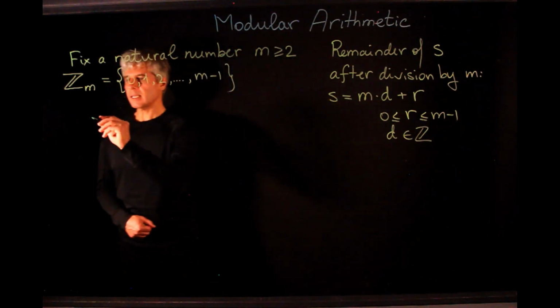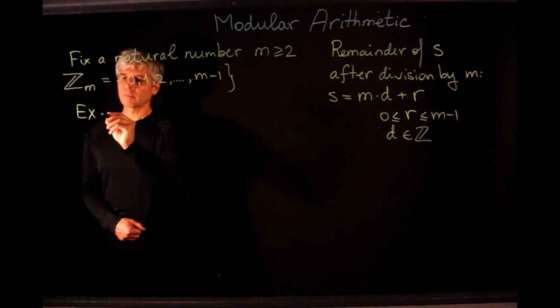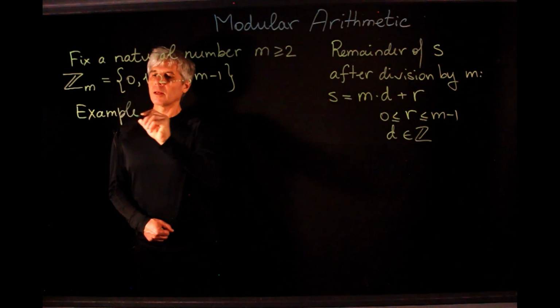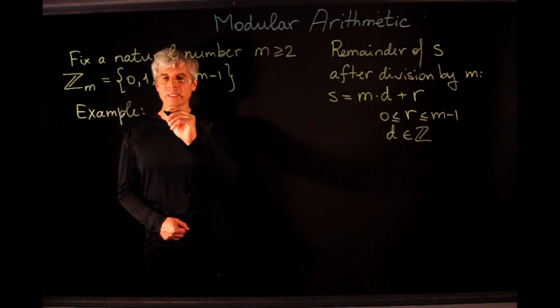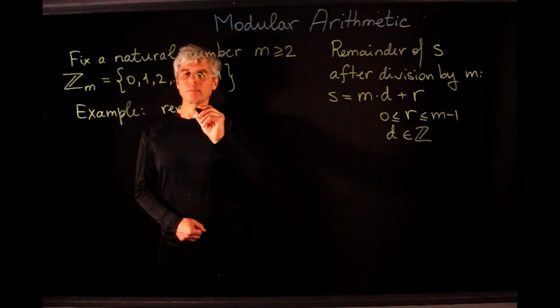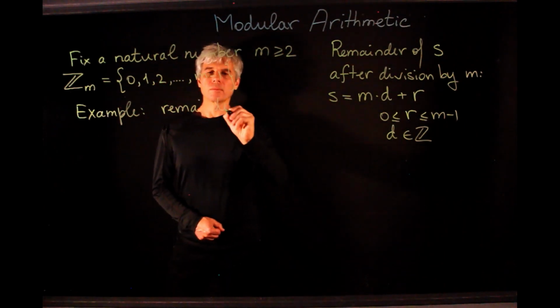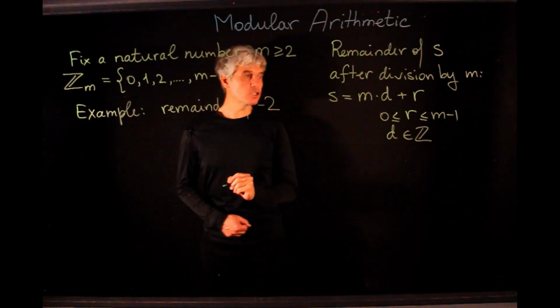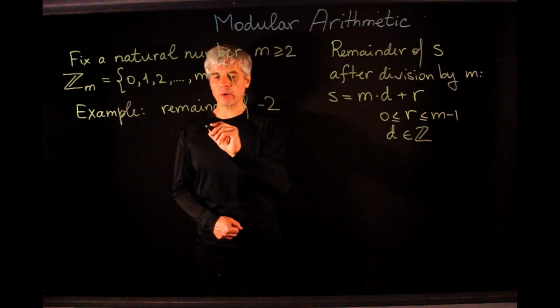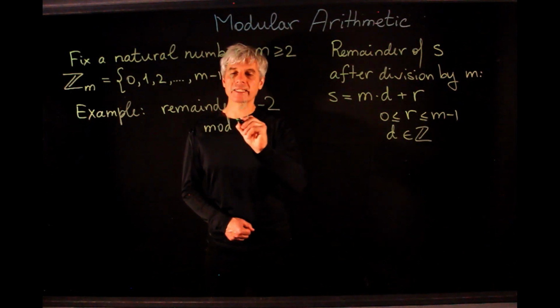Right? So as an example, let us look at what is the remainder of negative 2 after division by 7, or we're going to write mod 7.